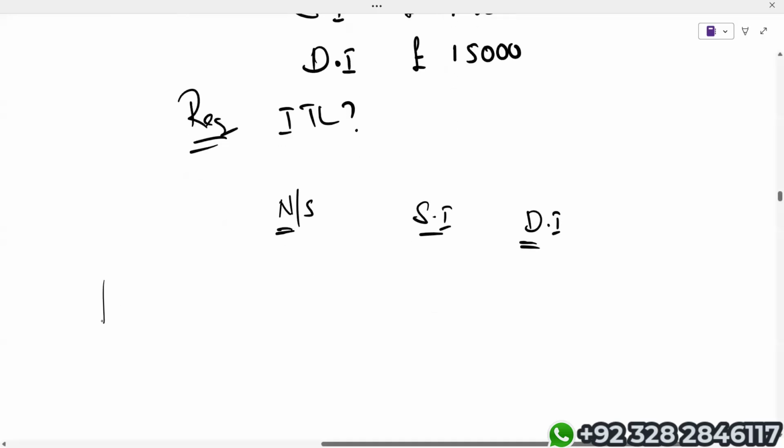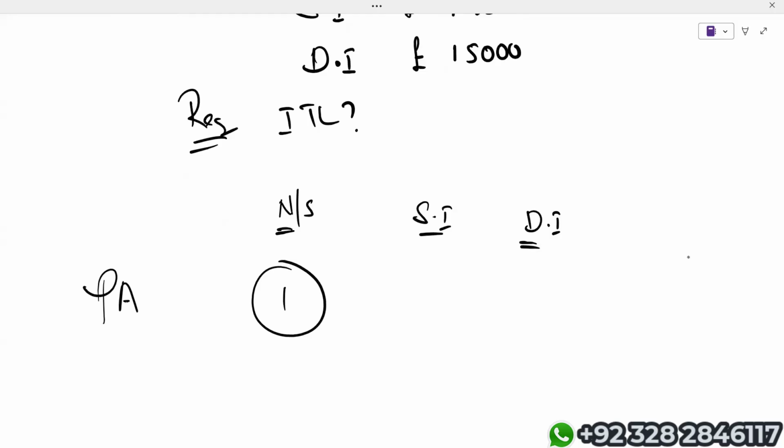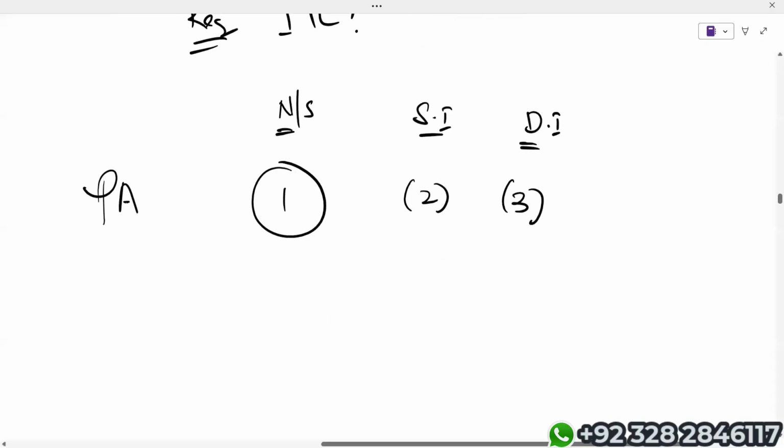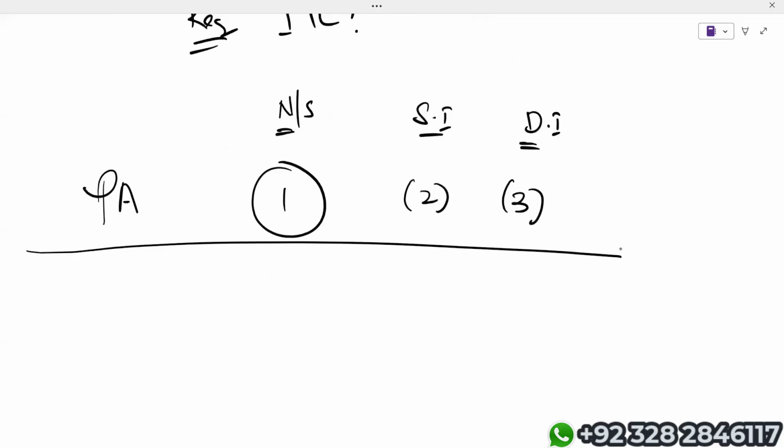The normal personal allowance allocation: first we allocate personal allowance to non-saving income. After that, we allocate personal allowance to savings income, and finally to the dividend income. If you have a little non-saving income and personal allowance is left, the remainder will be deducted against the savings income. If you still have some remaining, it will be deducted against the dividend income. That's the normal allocation of personal allowance, which we follow in 99% of situations.